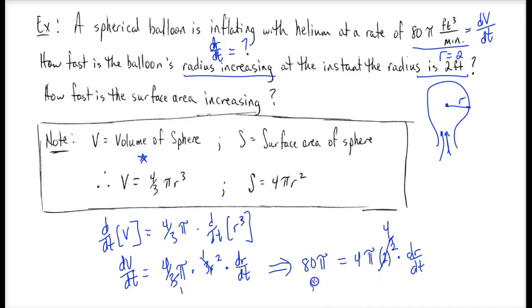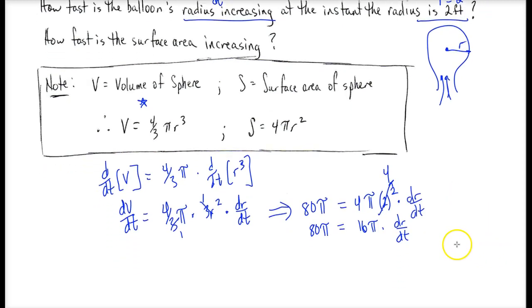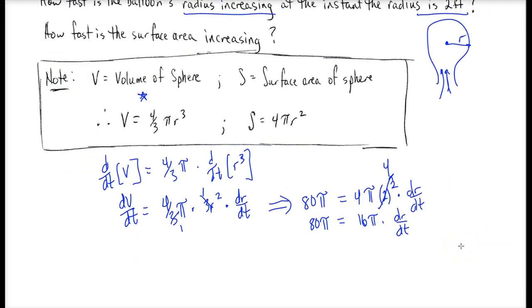So now we have 80 pi is equal to 16 pi times dr over dt. Let's go ahead and make some room here. Now all we have to do is divide both sides by 16 pi. That's dr over dt.